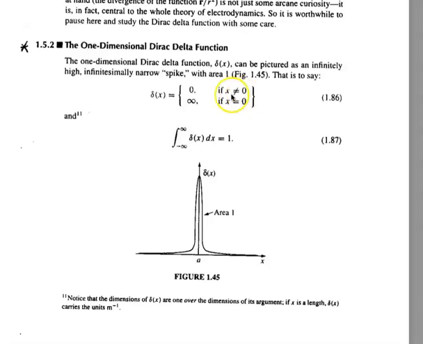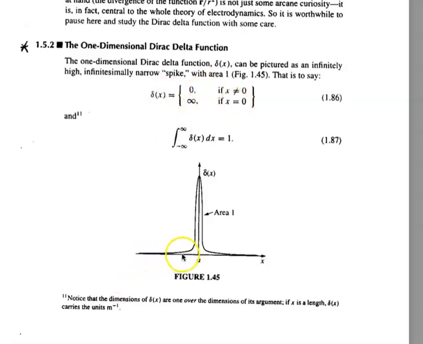So when x does not equal 0 anywhere, from negative infinity to positive infinity along the abscissa axis, the x-axis here, the function is 0 per unit length. And at the origin, in this case, the function goes to infinity.